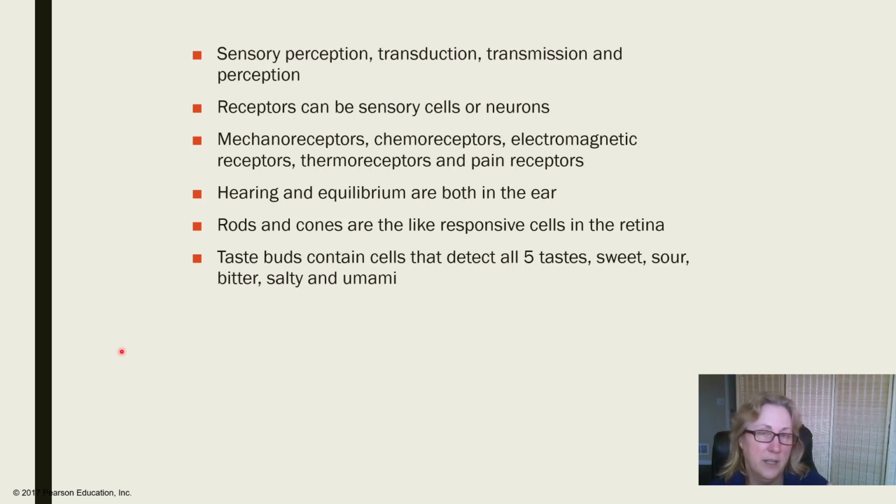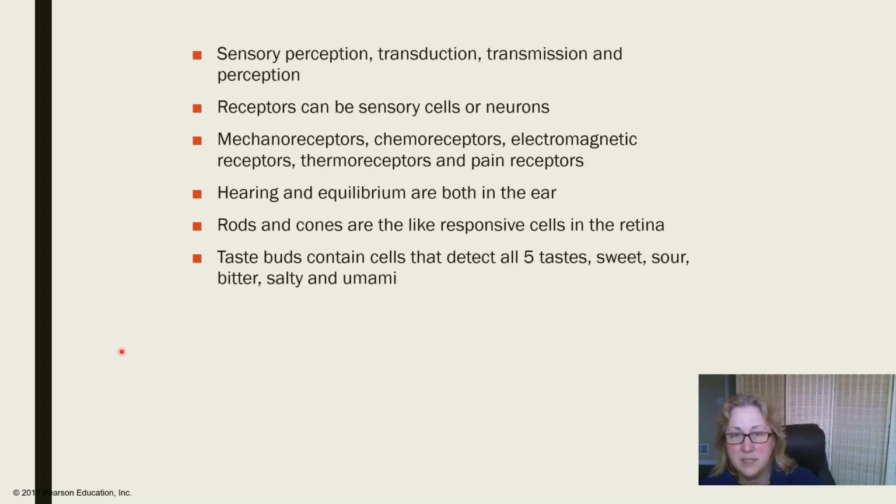Rods and cones are the actual sensory receptor cells in our eyes. Rods are much more sensitive to light, but they can't detect color. Cones are the only ones that can detect color, and they're also much better at giving us a fine, detailed picture of something, like for reading.